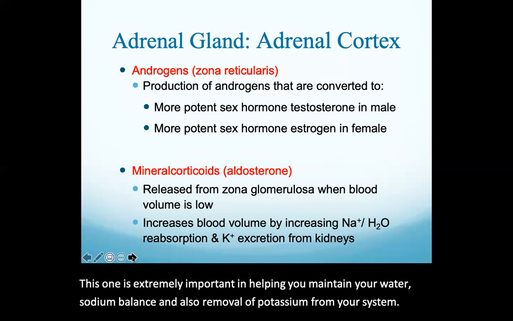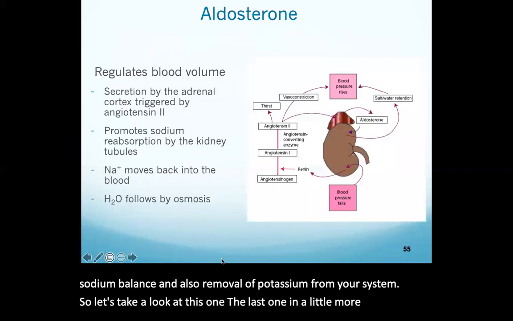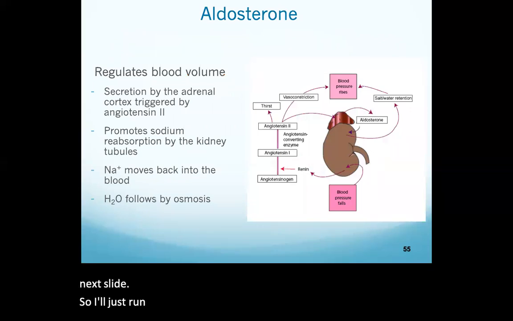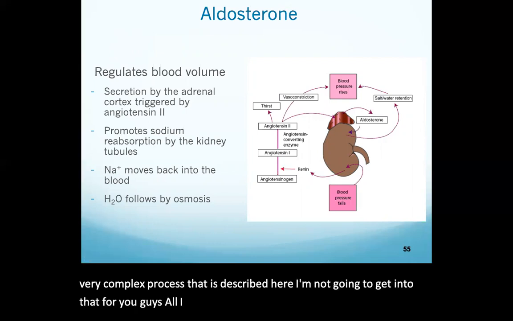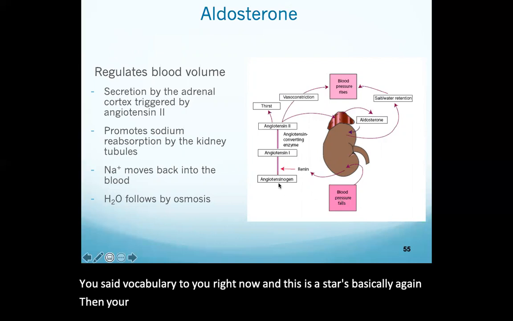So let's take a look at this last one in a little bit more detail on our next slide. So aldosterone is released when your blood pressure is low. There is a very complex process that is described here. I'm not going to get into that for you guys. All I want to do is just introduce the vocabulary to you right now. This starts basically when your blood pressure is low.